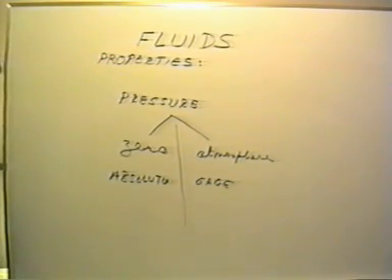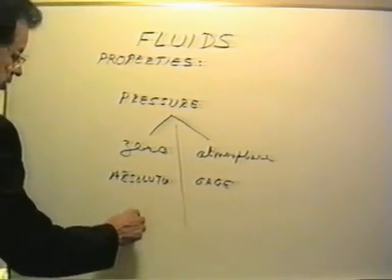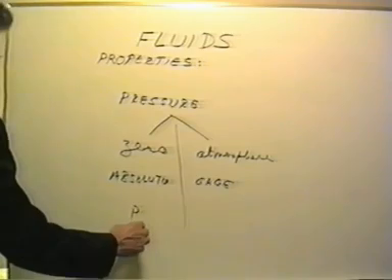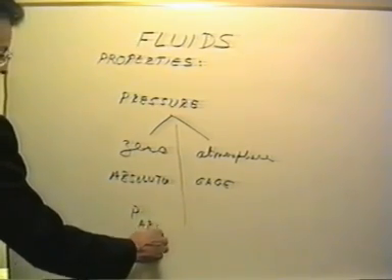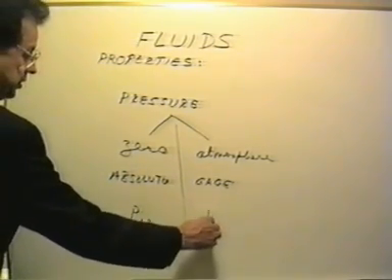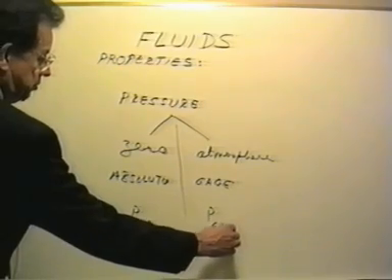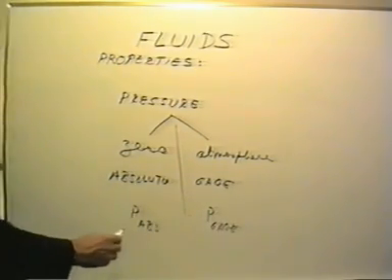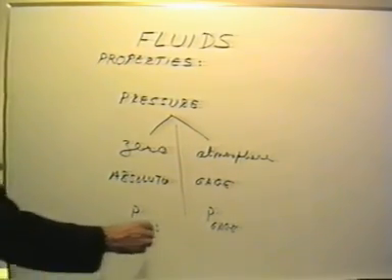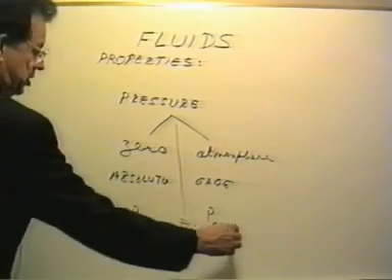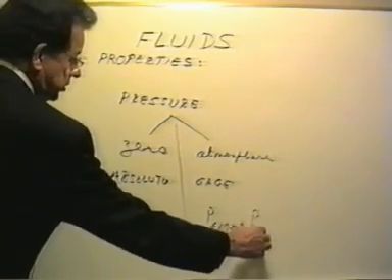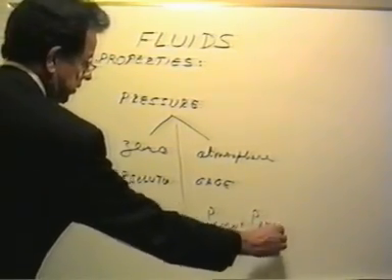Now, there's a connection between them. If we know the pressure with respect to absolute, we can relate it to the pressure measured by a gauge by this relationship. P absolute is equal to P gauge plus the pressure of the atmosphere.